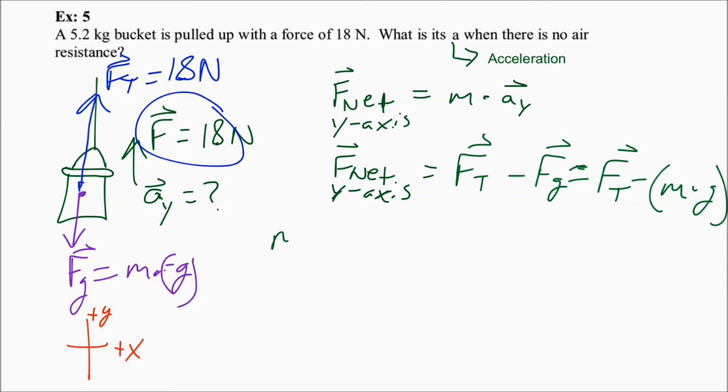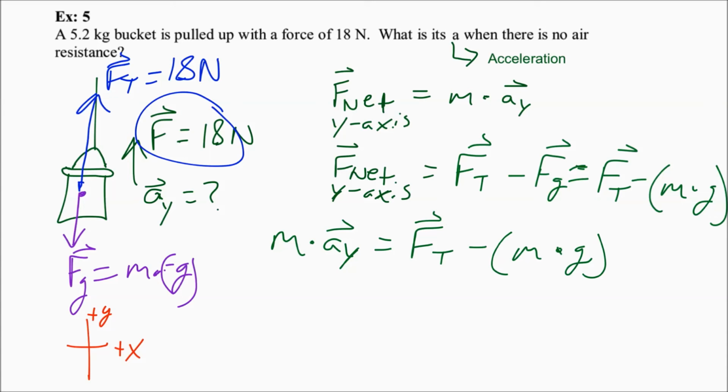Alright, so now we just need to set those statements equal to each other. So we're going to say the mass times the acceleration in the y-axis is equal to the force of tension minus mg, or the acceleration due to gravity. Okay, so what are we looking for here?